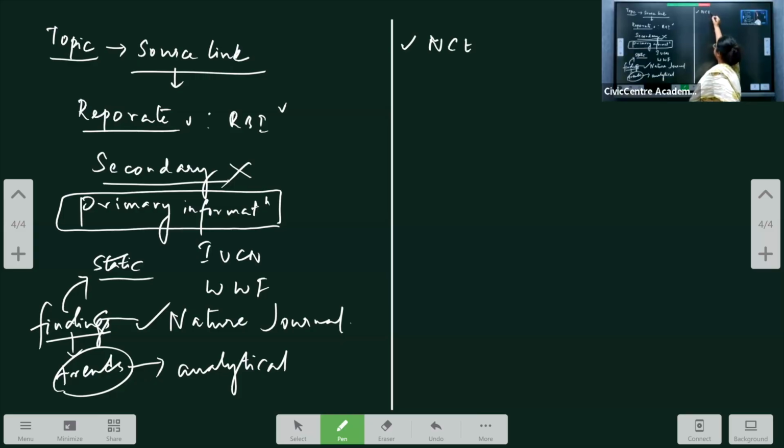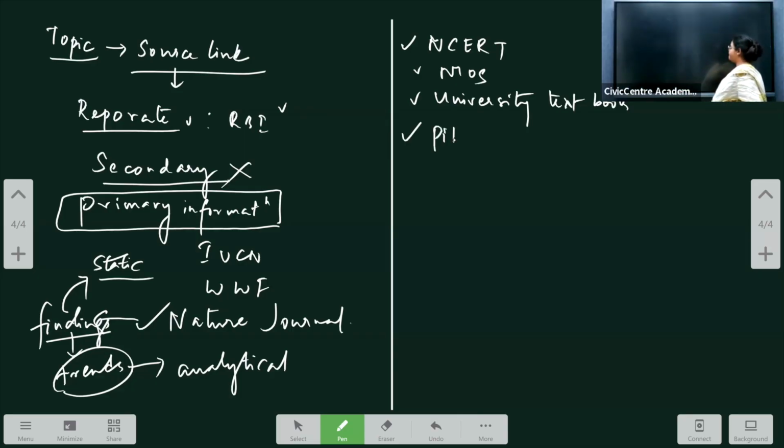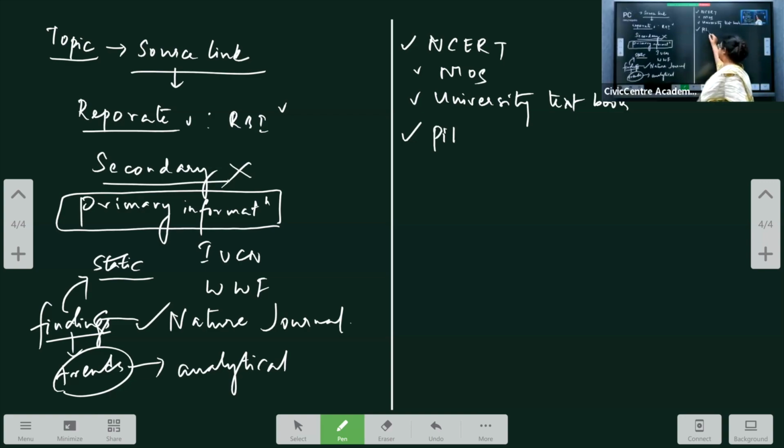NCERTs, NIOS, university textbooks. Now, all you have to say is, ma'am, the content that is there is not updated. Any content is updated in the Press Information Bureau from that particular ministry.